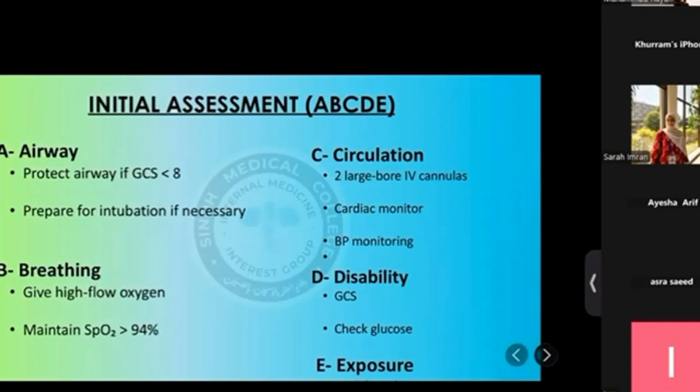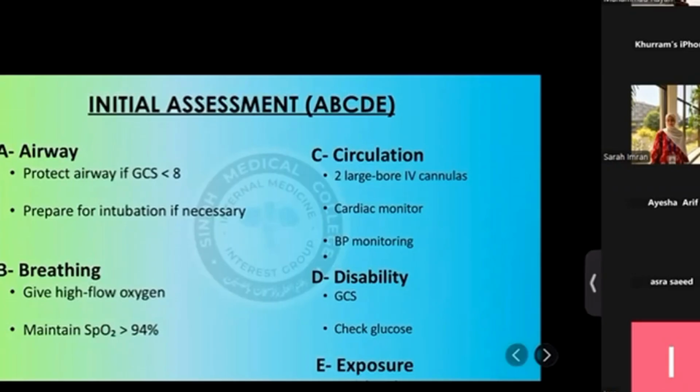And if that is failing and the patient is still not maintaining saturation and is tachypneic, then if the patient has a GCS greater than 10 and is oriented, you can go for the CPAP or BiPAP. First the CPAP, then the BiPAP. And if the patient with all these measures fails to maintain a saturation of greater than 94, then the only thing left is intubation and ventilatory support.